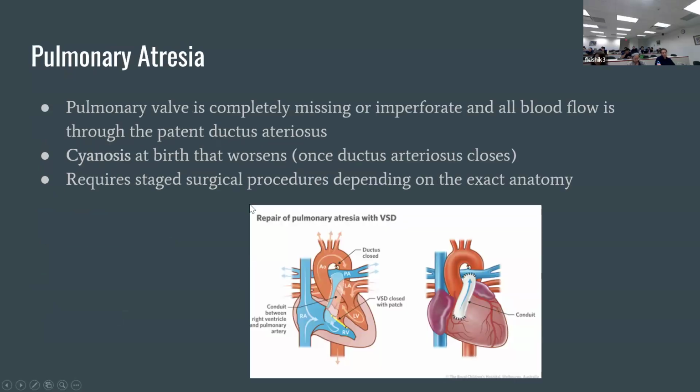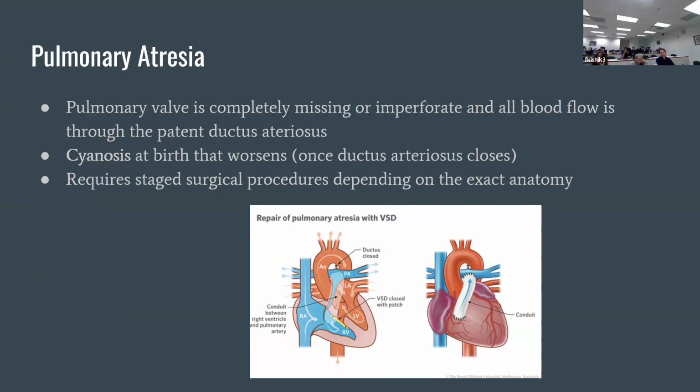So pulmonary atresia, the pulmonary valve is gone. And all the blood flow is through the PDA. It will have cyanosis at birth that gets worse. So the ductus arteriosus can take a little bit of time to close after birth, right?